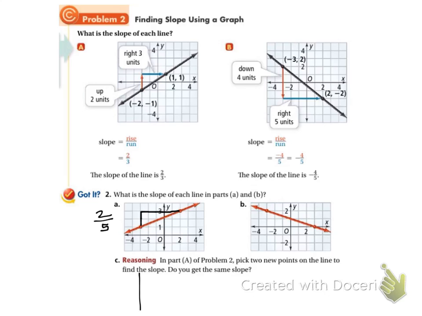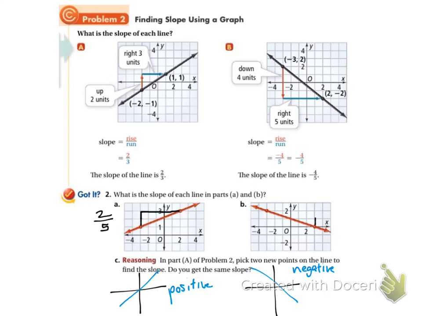So positive slopes go this direction. That's positive. And negative slopes go this direction. That's negative. So let's check out this guy.